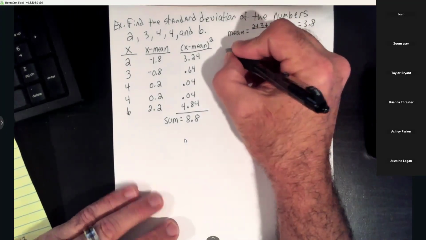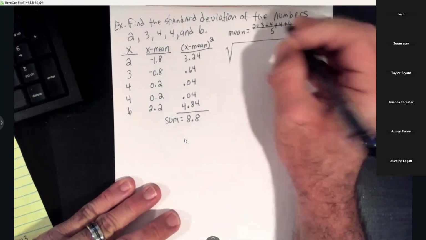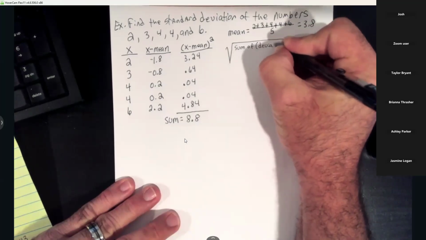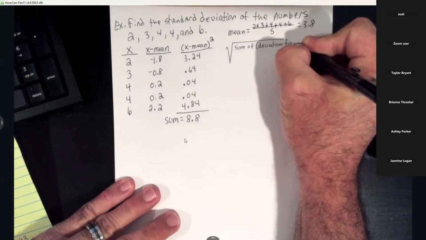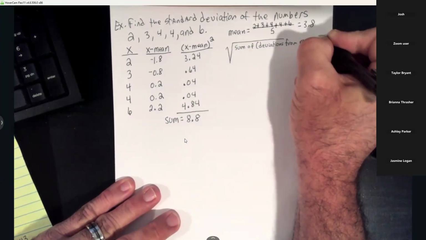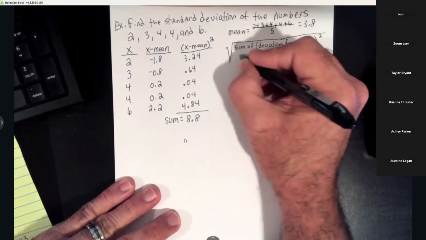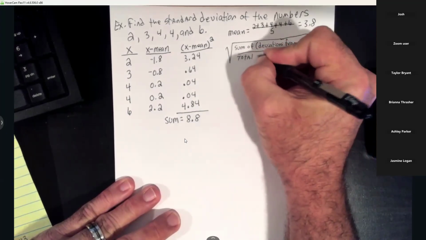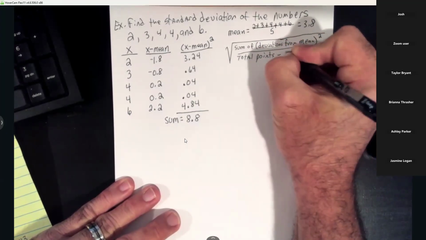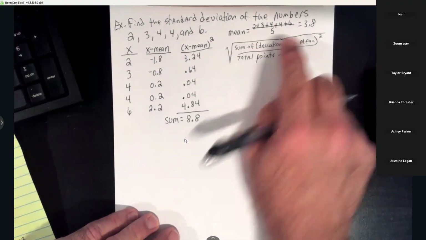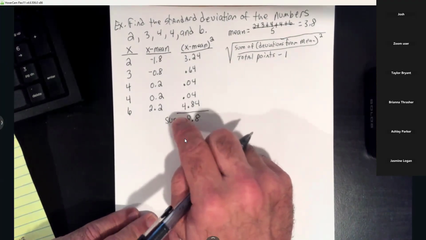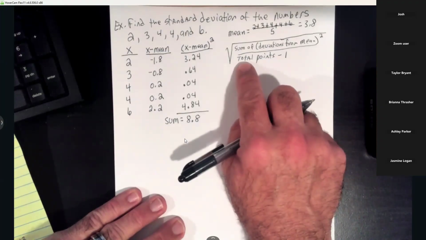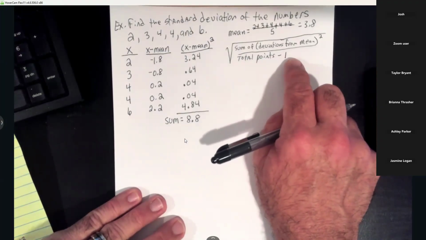All right, so remember my formula was the square root of the sum of the deviations from the mean, and that was squared, divided by the total points minus 1. Well, we got the top done because we got the sum now. So what we need to do next is take that sum and divide by the total points minus 1.